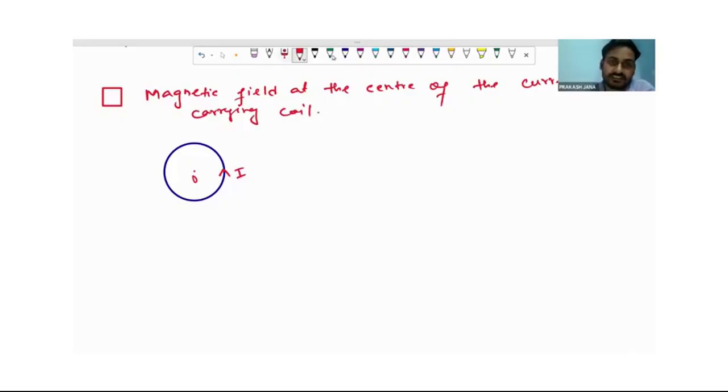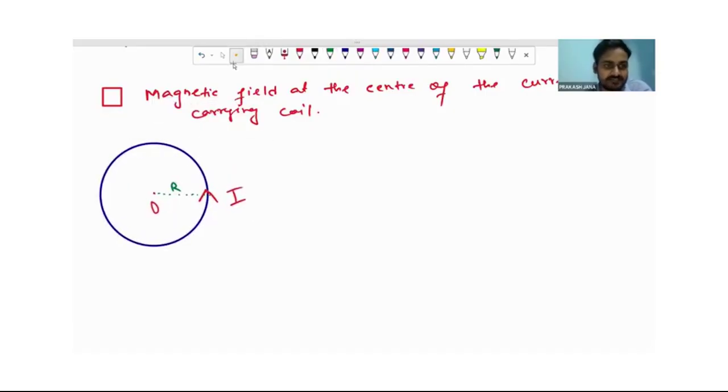Suppose the radius of the coil be r. How will we find the total magnetic field at the center?